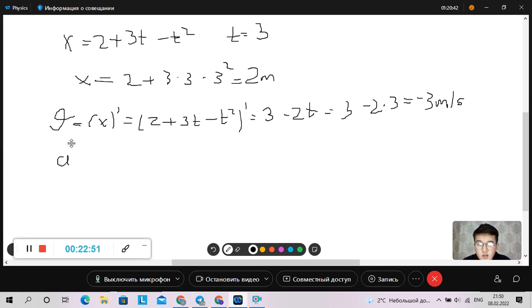Then we need to find the acceleration, the derivative of velocity: 3 minus 2t gives minus 2 meters divided by second squared.